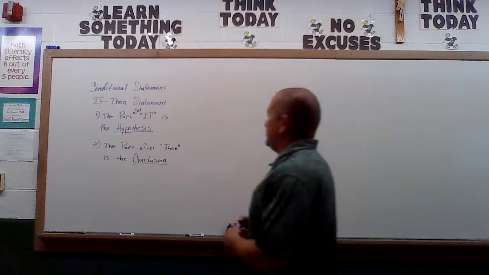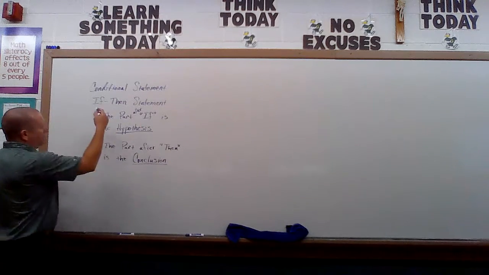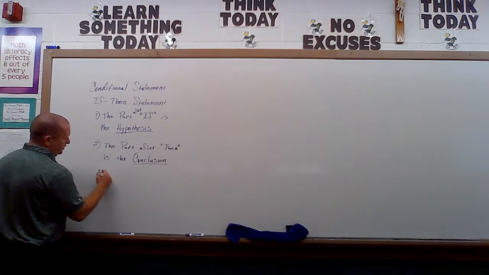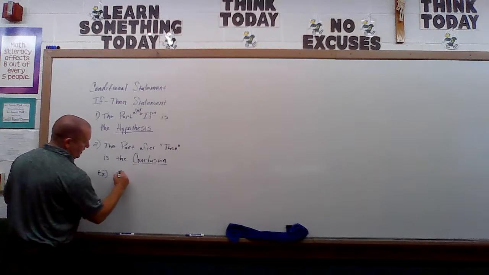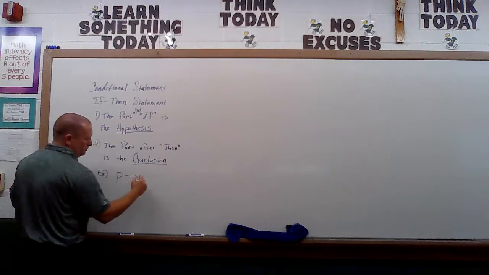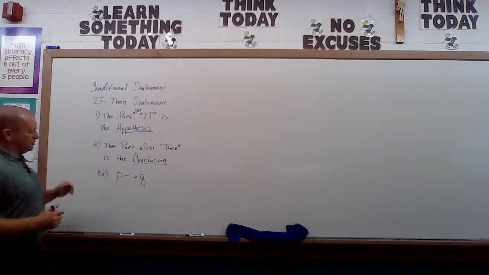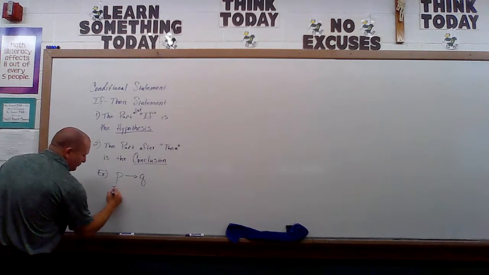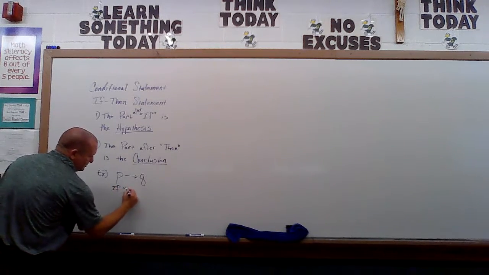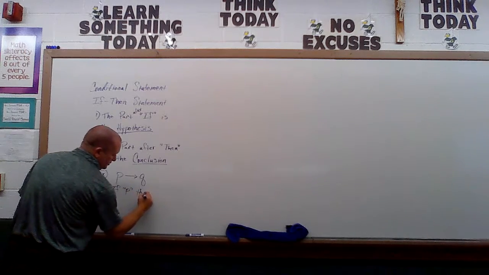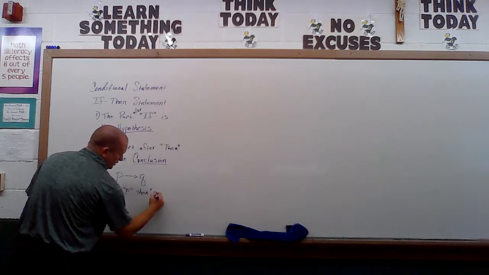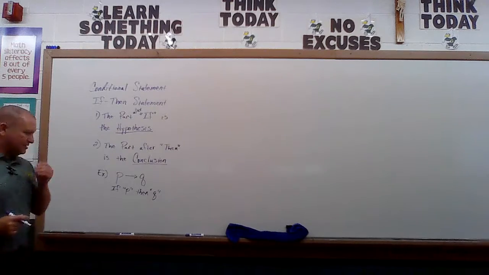When you're talking about if-then statements, like what we were talking about yesterday, another way of writing this is using an arrow. So for our conditional statements, we would say if whatever P is, then we come to the conclusion of whatever Q says.